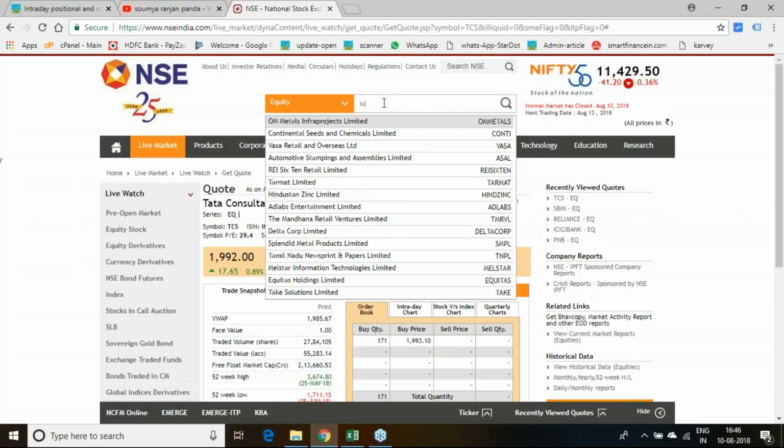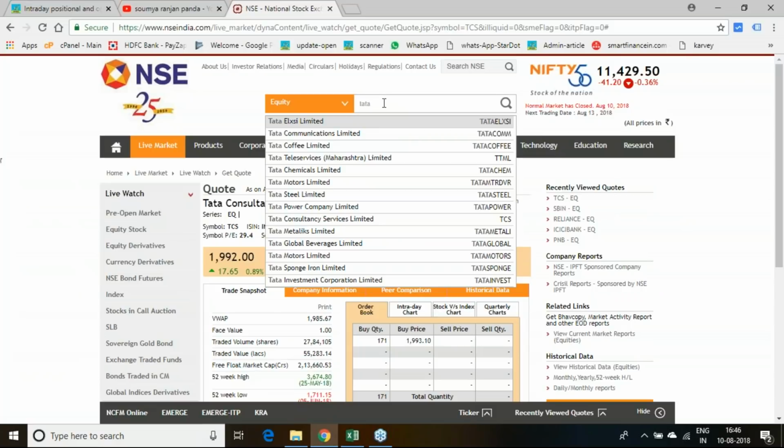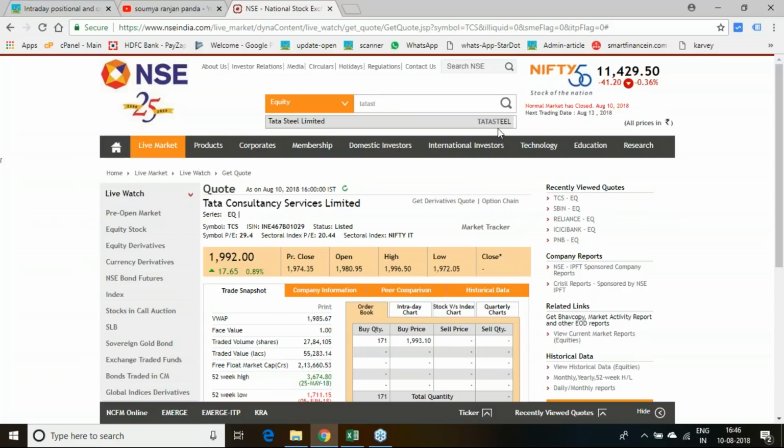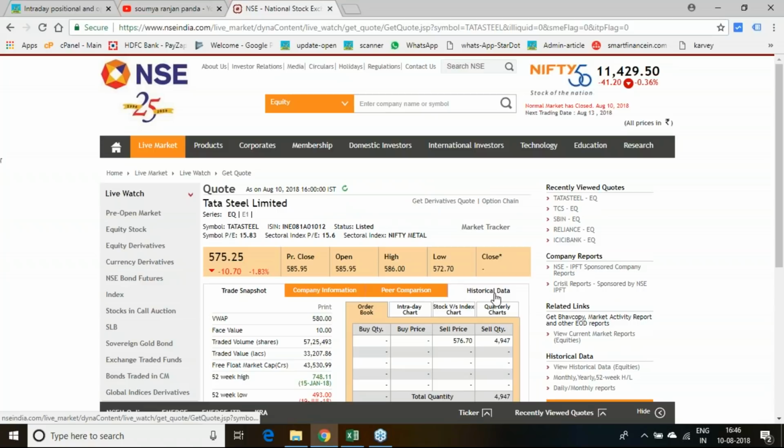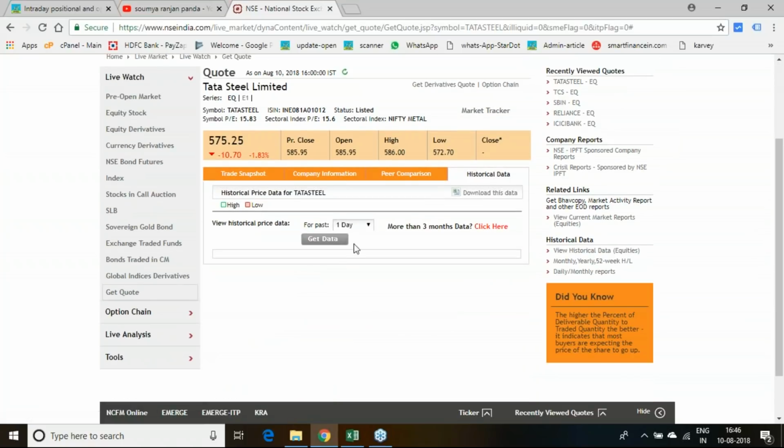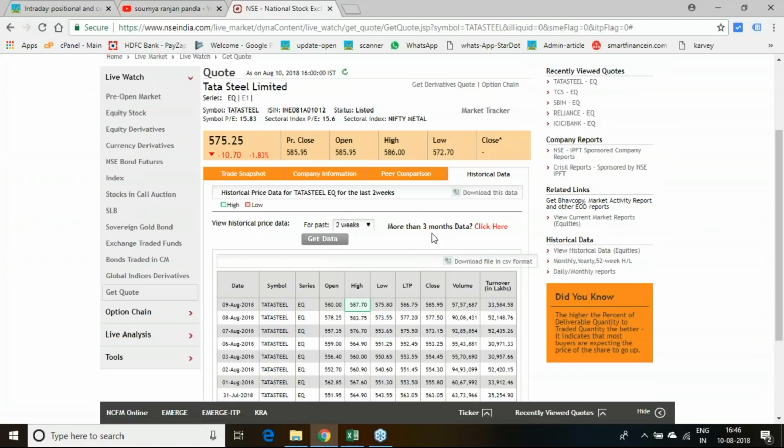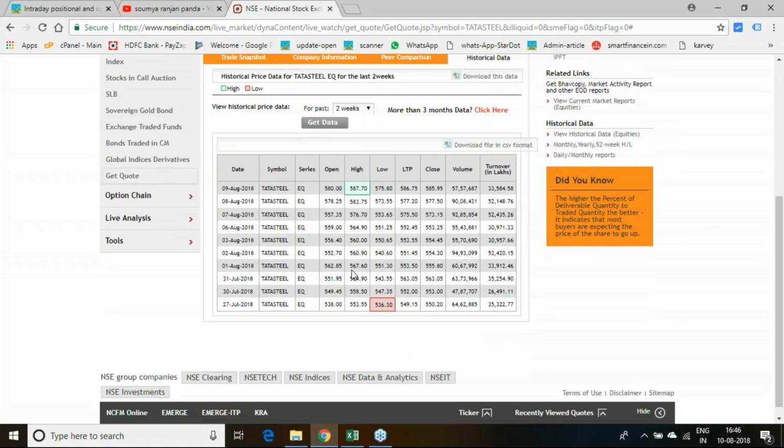Coming to Tata Steel, a lot of action we have seen in this particular counter. We expected that on 1st August some oscillations should start. If I'm not wrong, 1st August was the highest price point.